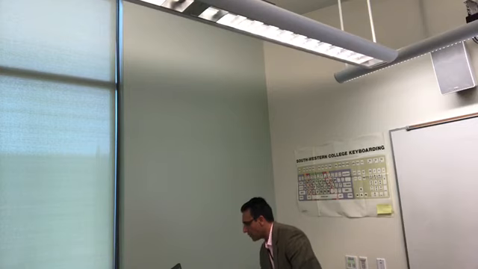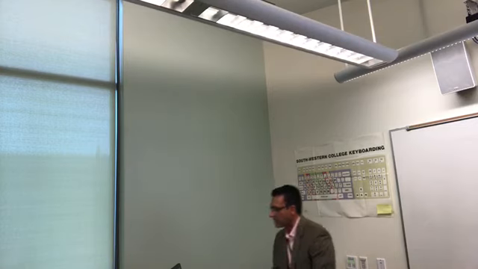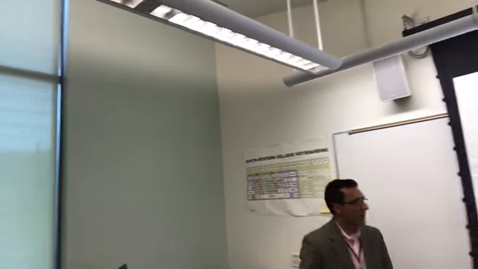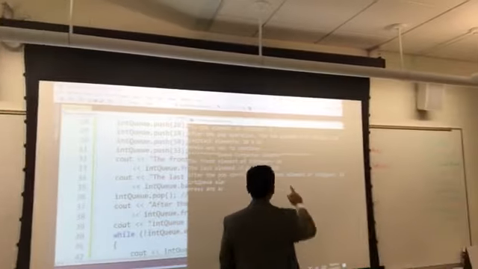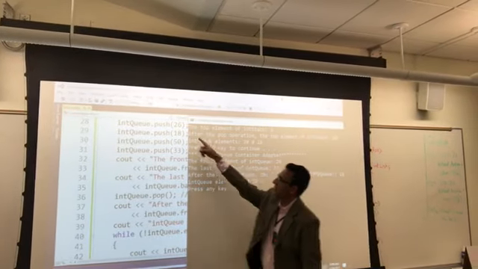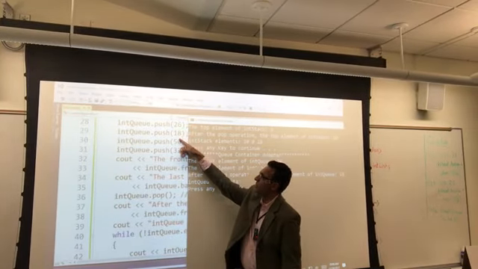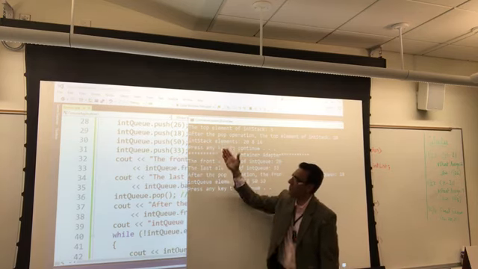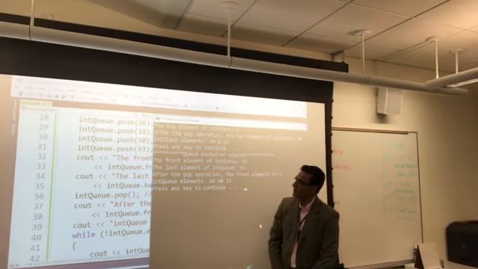So here's my queue. The front element is 26. That was the first element which was added, and I agree right there. 26 is added first. So this is like a queue, like a line. That's the first which will be served.